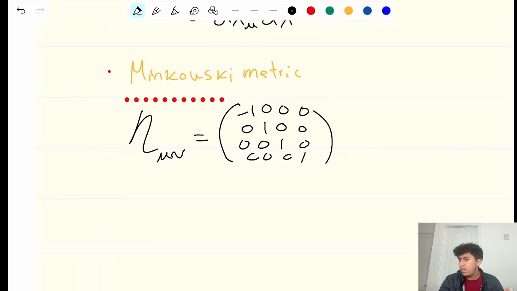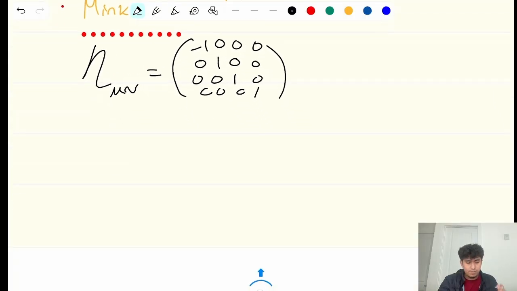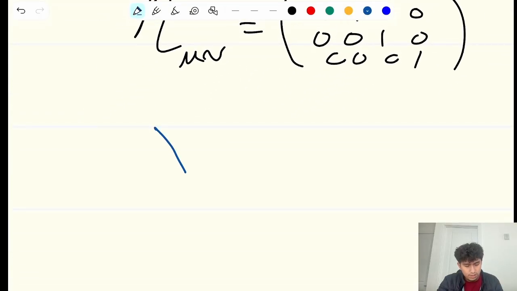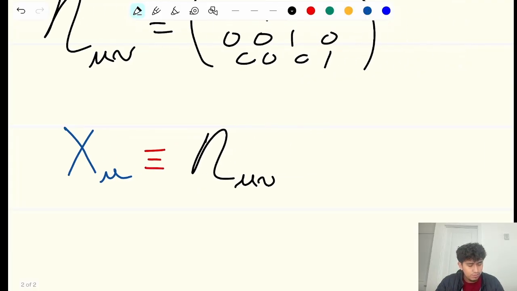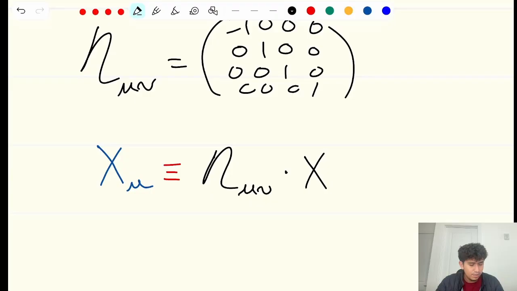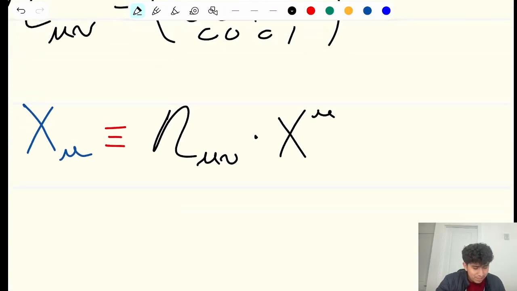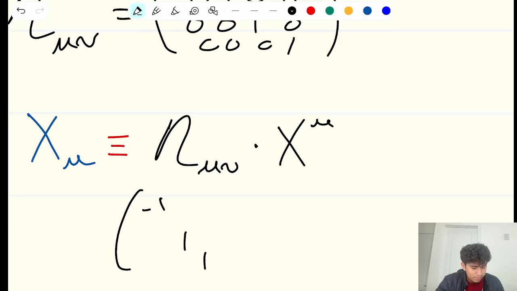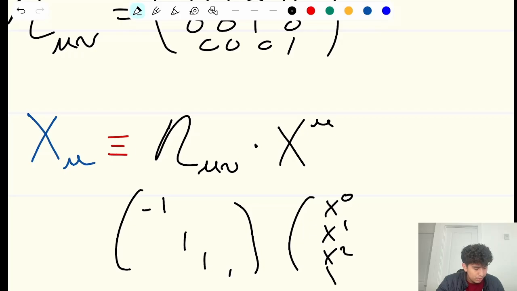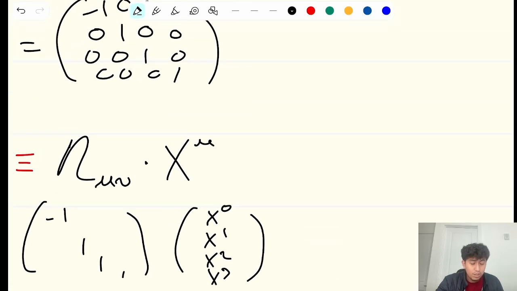Cool. So you can imagine we're gonna define the lowered component of a 4 vector to be just this thing multiplied by the upper component. A very fast way to see why this makes sense is just doing this. And then you do x0, x1, x2, x3, like a column vector. And this is gonna give you a row vector.